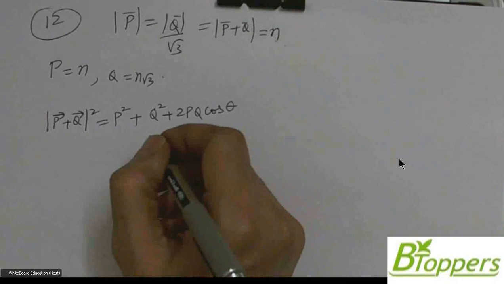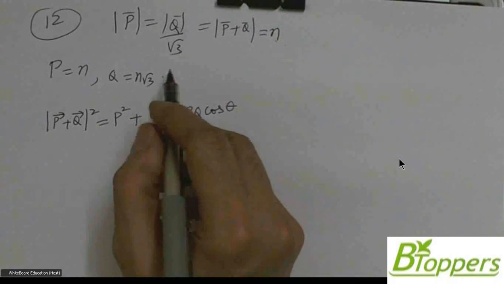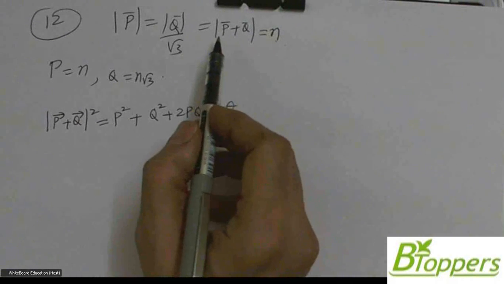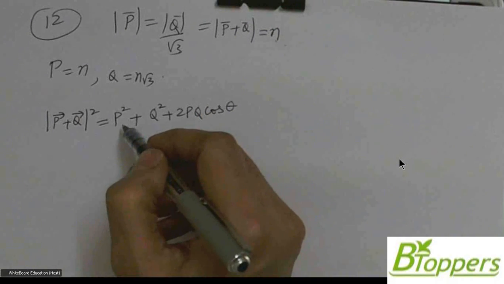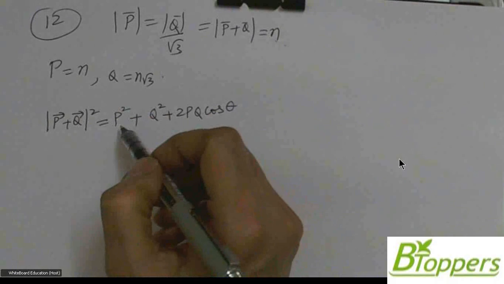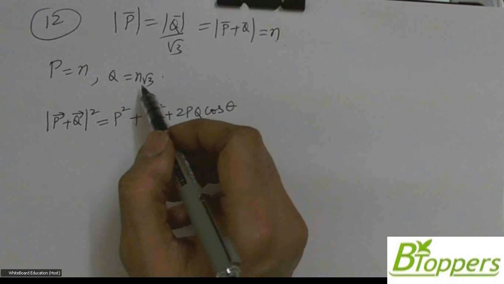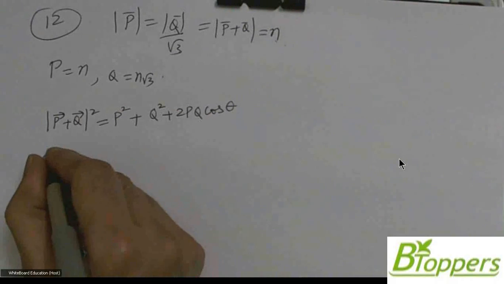Here theta is the angle between P bar and Q bar. So here you can substitute magnitude of P bar plus Q bar equal to n on the left hand side, and P is also equal to n on the right side, and Q equal to n root 3 on the right side.